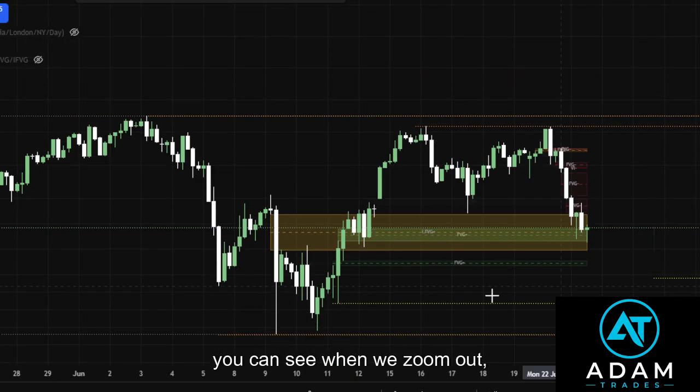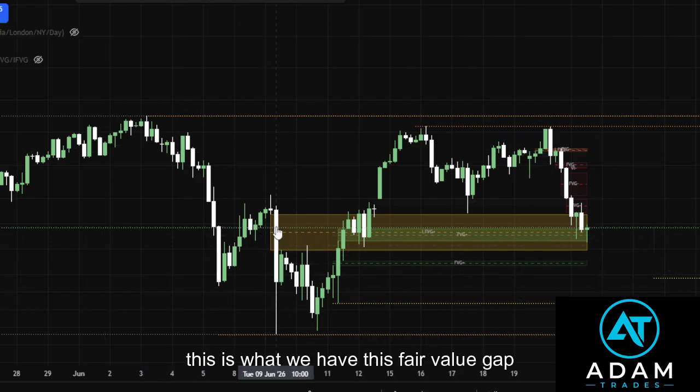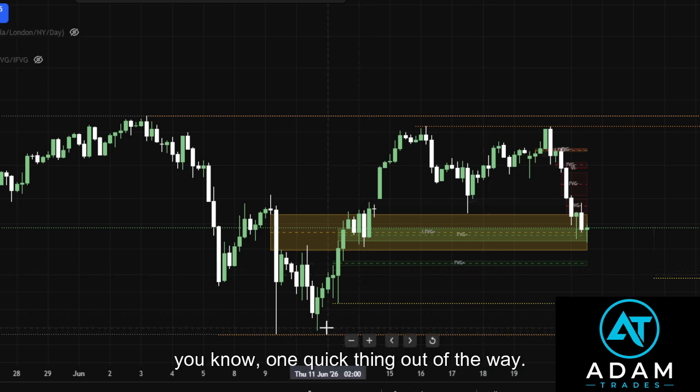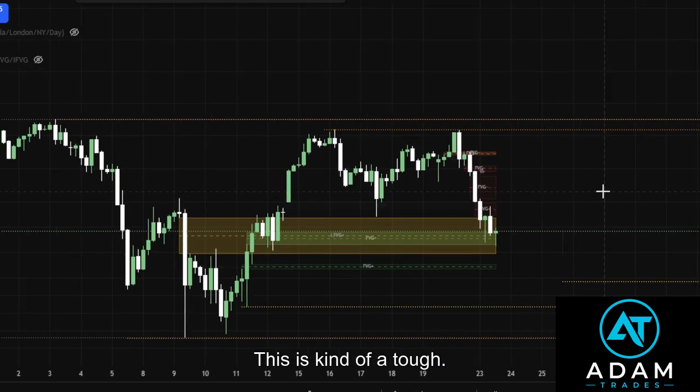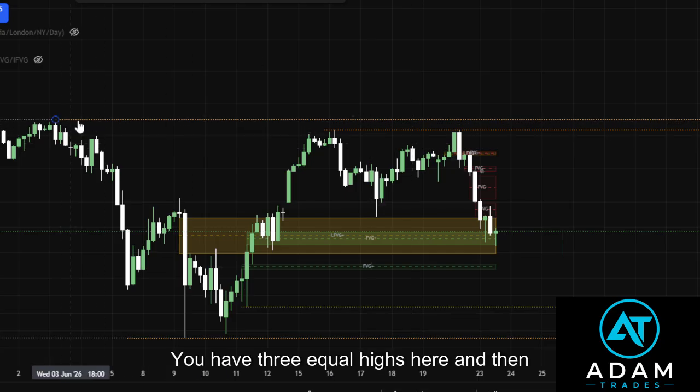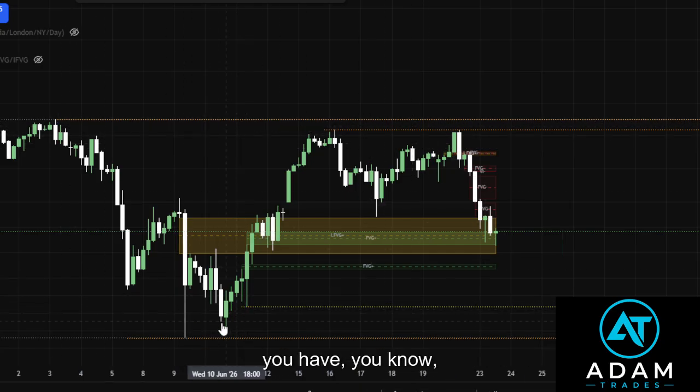So you can see when we zoom out, we have this fair value gap down here. Let me get one quick thing out of the way. This is a tough area. You have equal highs here. Actually, you have three equal highs here, and then you have equal lows down here.